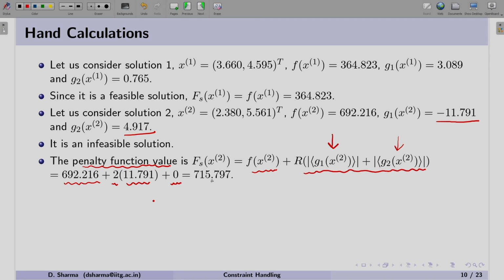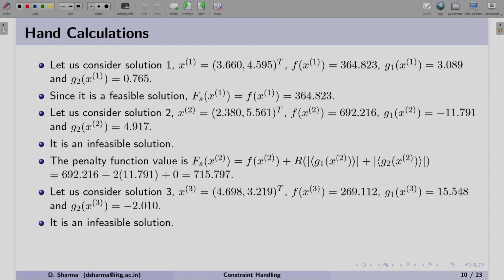So, the penalty function value for solution 2 is 715.797.